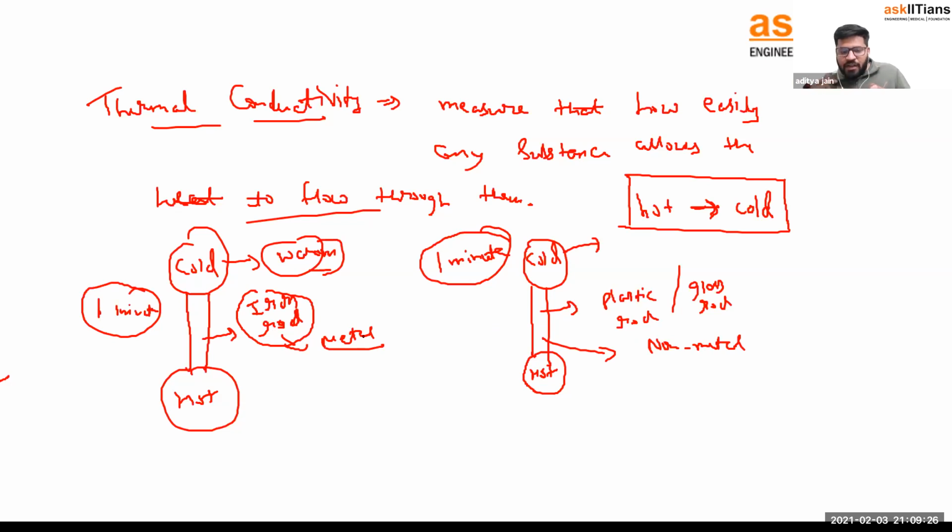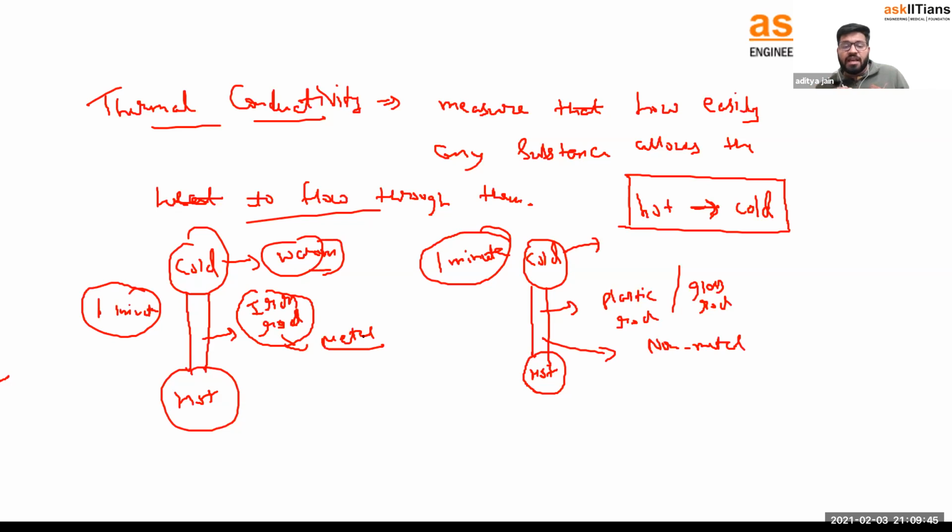That's why after 1 minute, when you touched the cold body in the case of the iron rod, you felt warm or more heat, and in the case of the plastic rod you did not feel that much warmth, or you felt less heat. So who was easily able to transfer the heat? Iron rod.